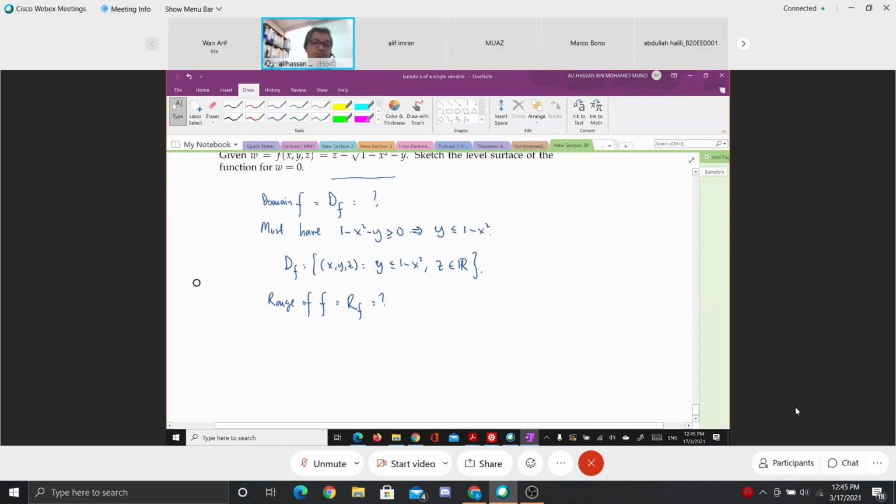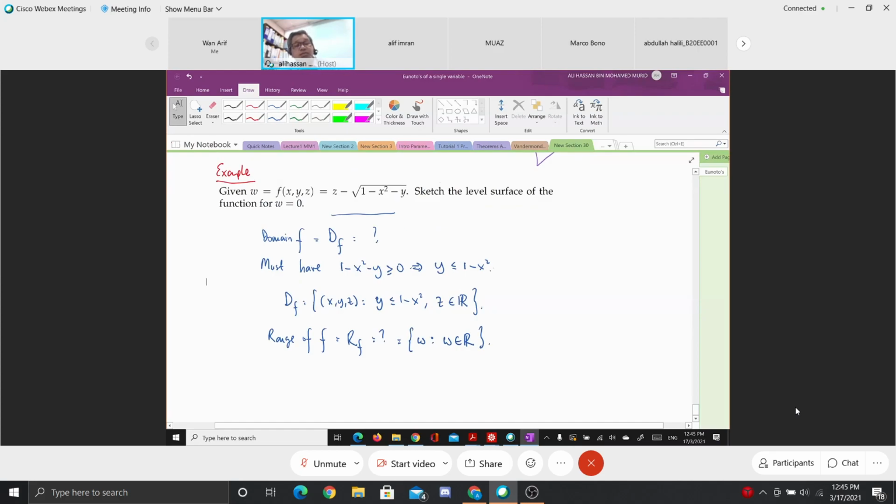W can take any real number, isn't it? W here can take any real number because z can take any real number. Even though the square root of 1 minus x squared minus y is greater than or equal to 0, z can take any real number. So the range of f is the entire real line.